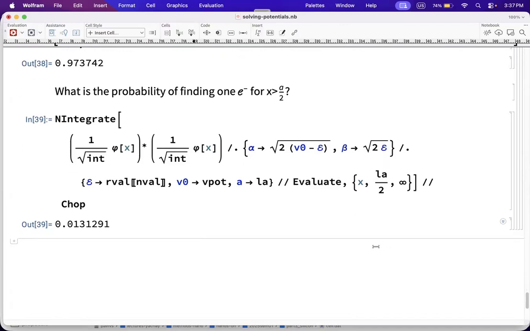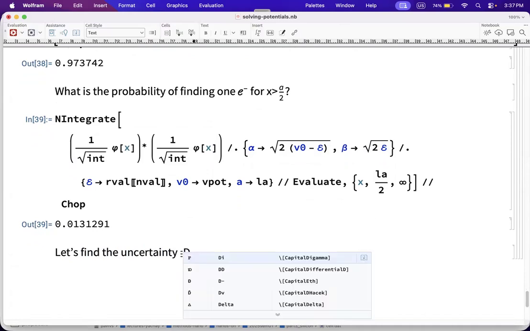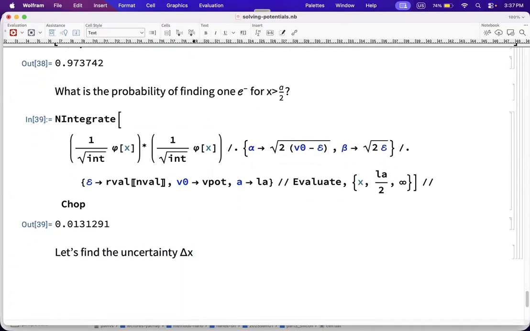Now let's find the uncertainty. We call the uncertainty in physics delta x, right?